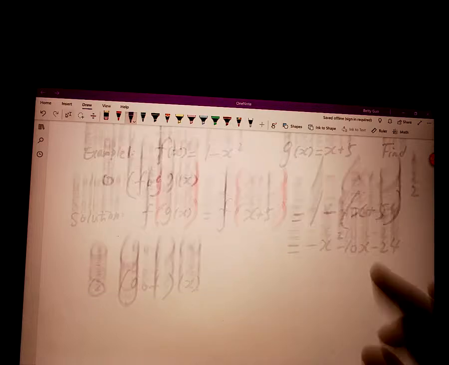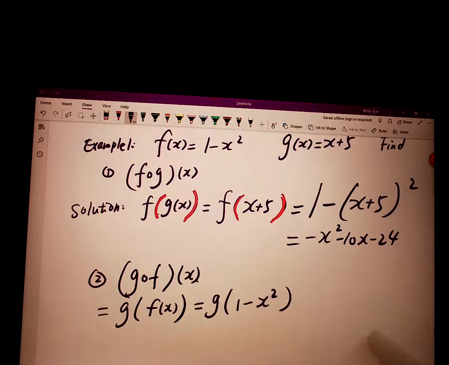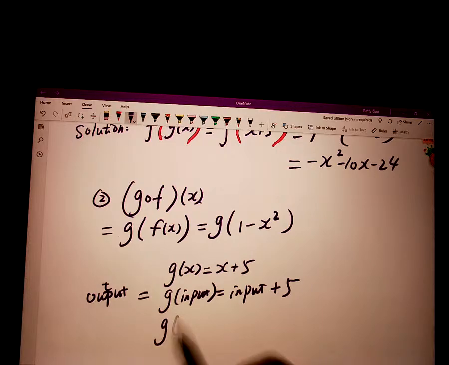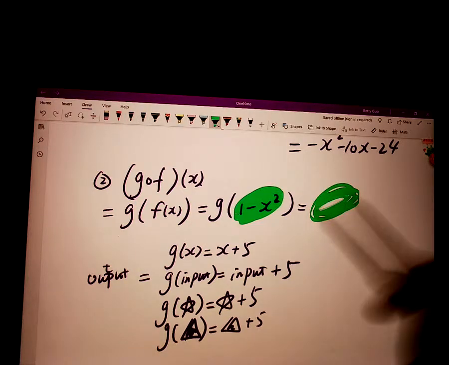This is also a composite function, but this time the inside function is f and the outside function is g. The input of function g is 5 more than the output of f, so x squared goes in.